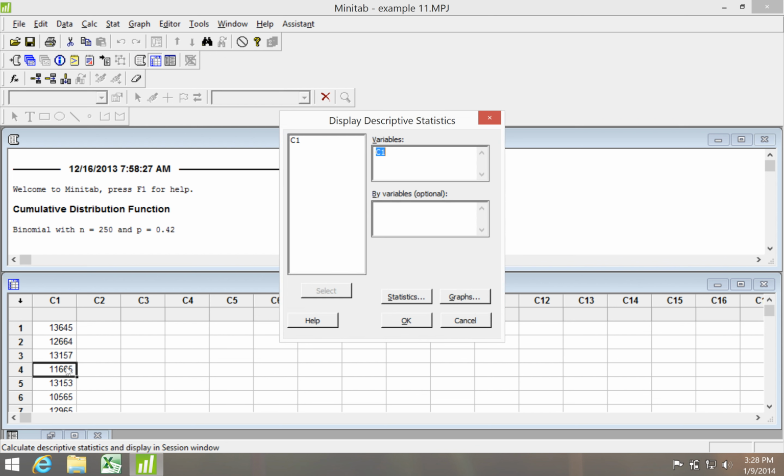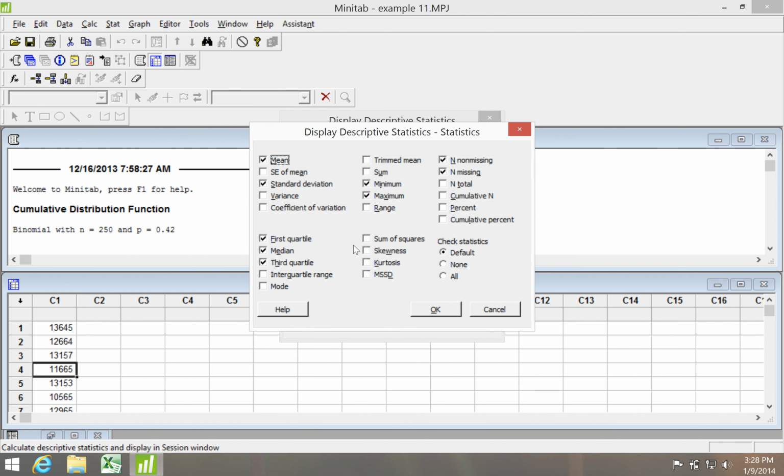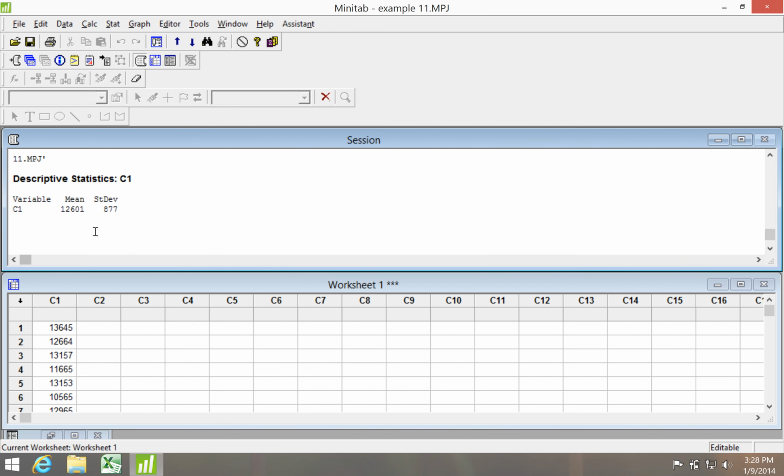I put my variable, column 1, and make sure the mean and the standard deviation are checked. None of the other things need to be checked. All I'm trying to find here is the sample average and the sample standard deviation, and you can see we got the same values they did.